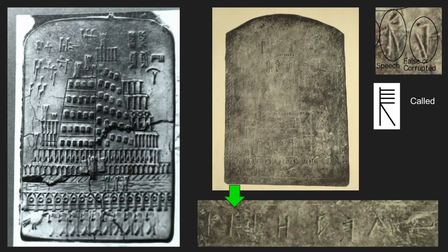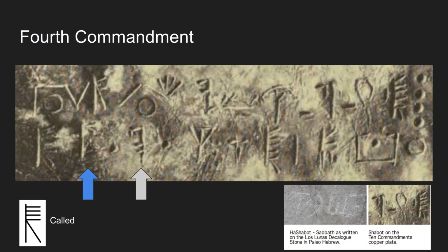The Hebrews were called something. The green arrow points to the symbol called. Well, what is it that they were called? As I looked at the last symbol, I was wondering if I could find that in the 10 Commandments, and I did find it. Back to the fourth commandment, you start at the front of the commandment, Shabbat, and remember the Sabbath.